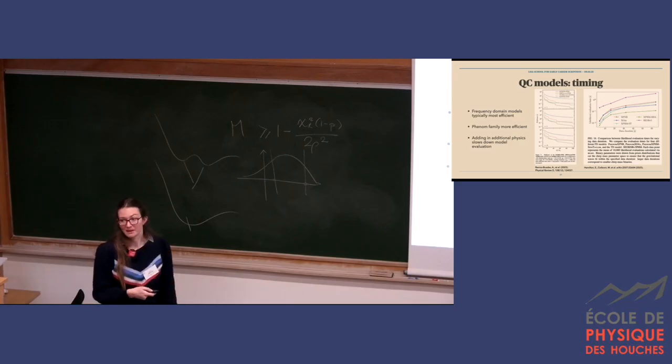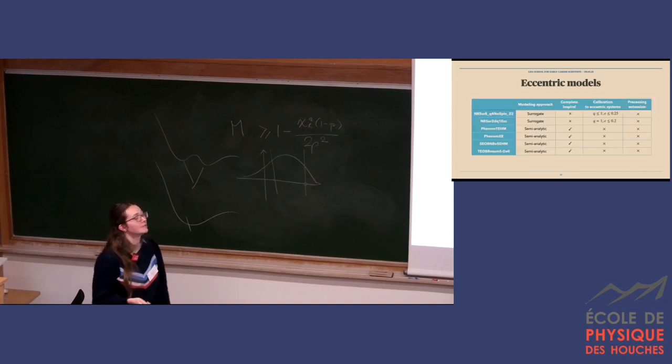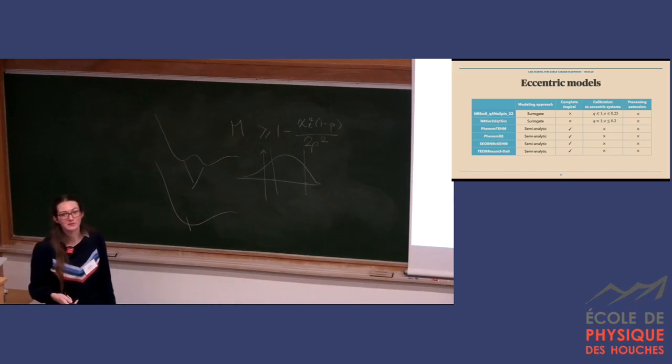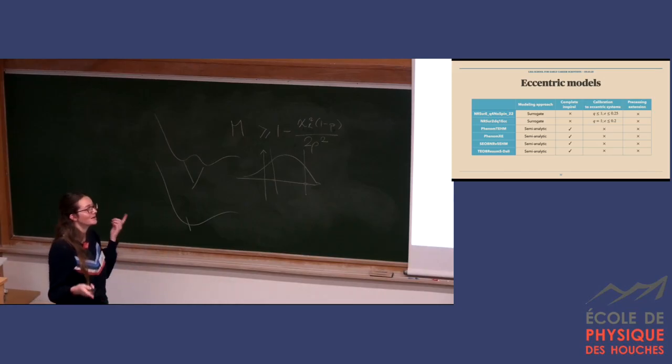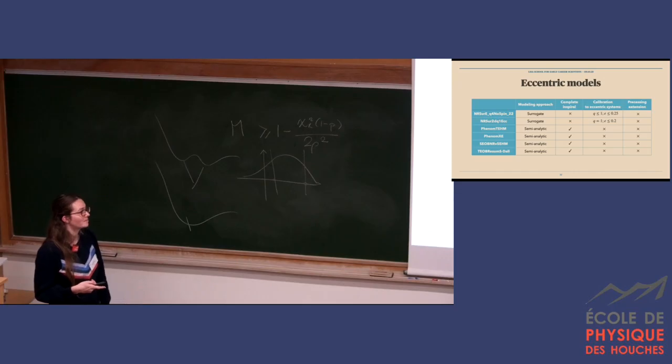Okay, I have one last slide. And then I just wanted, because largely in this talk I have talked about quasi-circular precessing models, I just wanted to give a very quick overview of the fact that eccentric models are out there. They are coming. Largely, so there are some surrogate models sort of being produced so far.